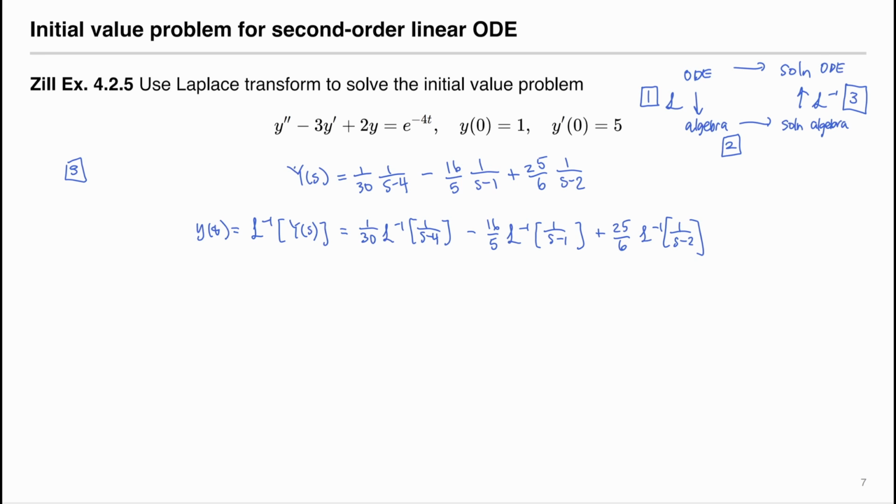And from the Laplace transform table, we can see the inverse Laplace transform of 1 divided by (s minus a) is e to the a t. So y(t), using the inverse Laplace transform, for the first one, a equals minus 4, so e to the minus 4t. Second term, we have a equals 1, so plus e to the t. The third term, we have a equals 2, so plus e to the 2t.